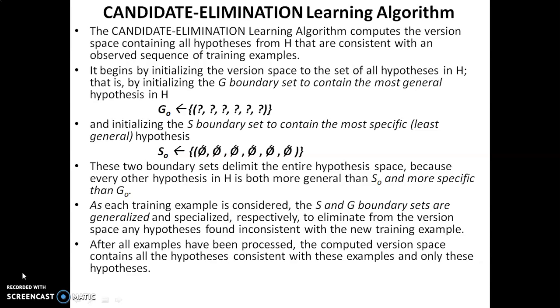It is least general, meaning it is very specific. So these two boundary sets limit the entire hypothesis space, because every other hypothesis in H is both more general than S naught and more specific than G naught. So let us see the example.